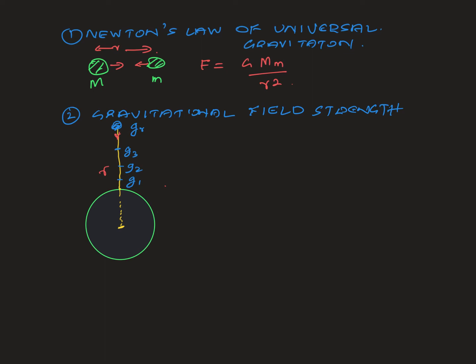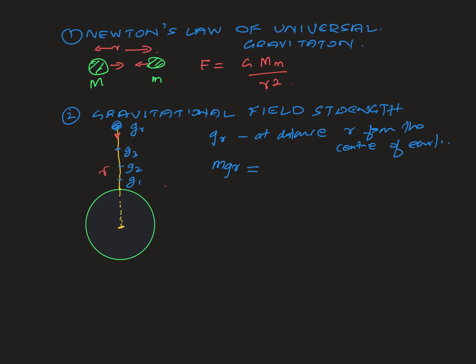So let's see this at the top point where we have g_r, which is at distance r from the center of the Earth. What is the force acting on it? F is equal to m times the acceleration, which means m g_r.